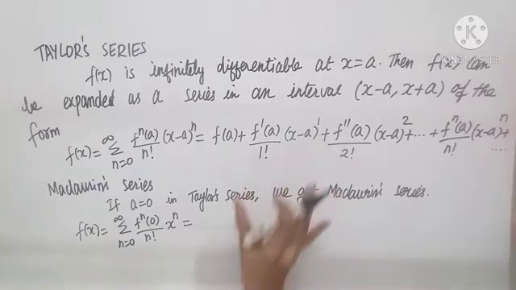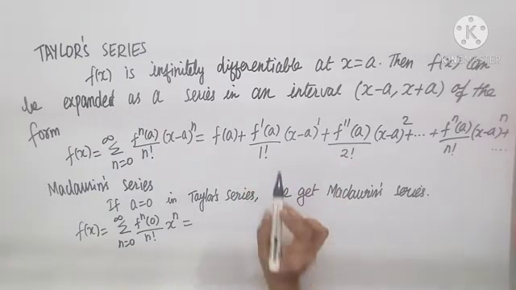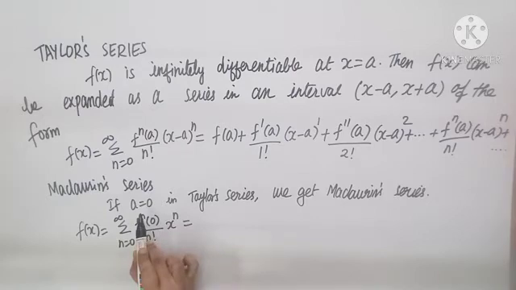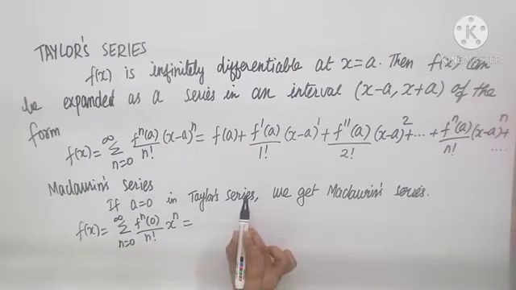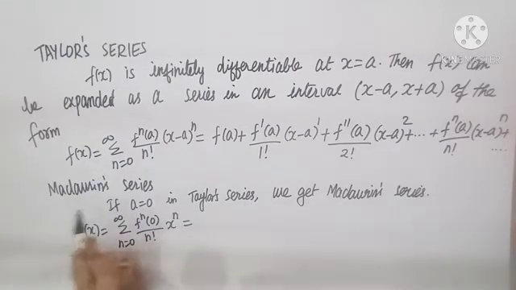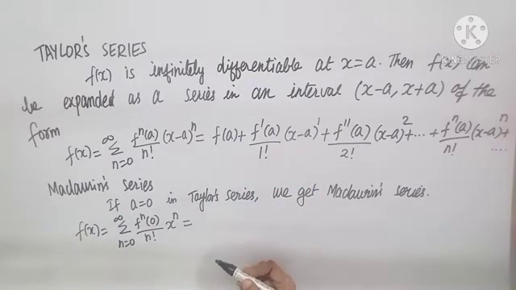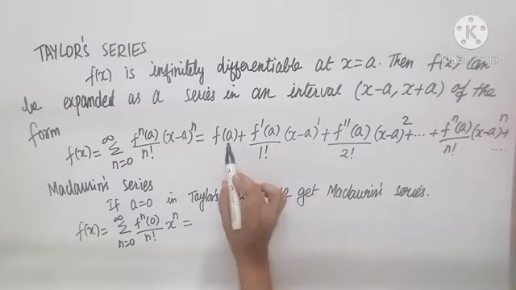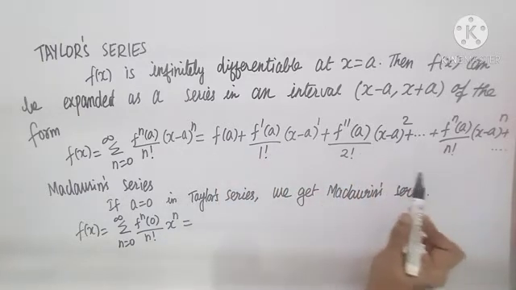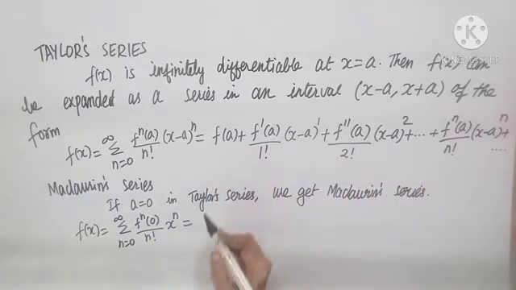The same series, when the value of a is 0, we specialize it and call it Maclaurin series. So for Maclaurin series, we write the same idea, but wherever a comes, we put 0. So how do we read it?